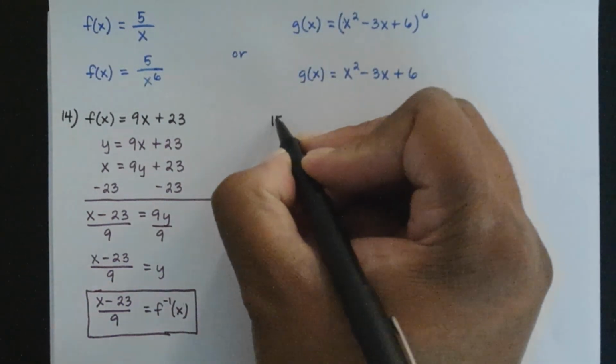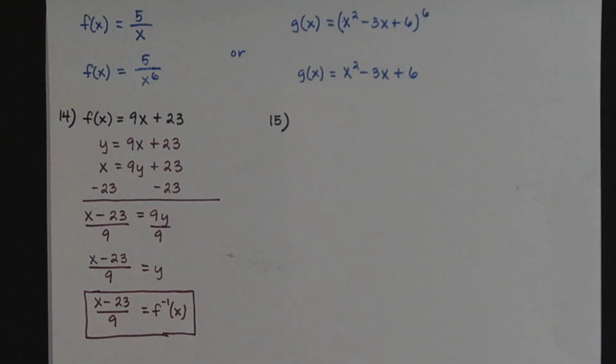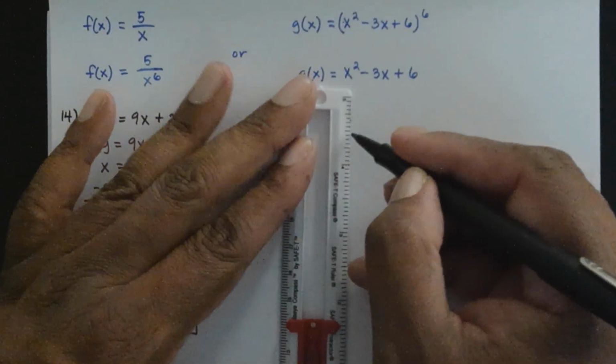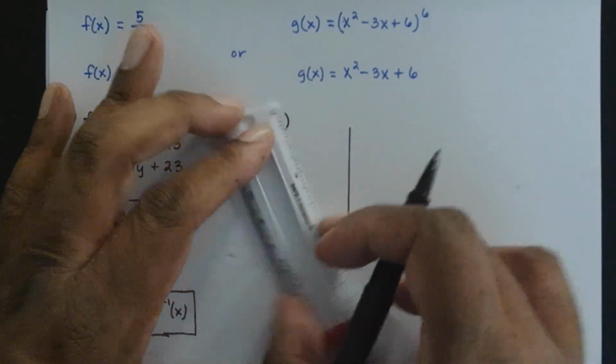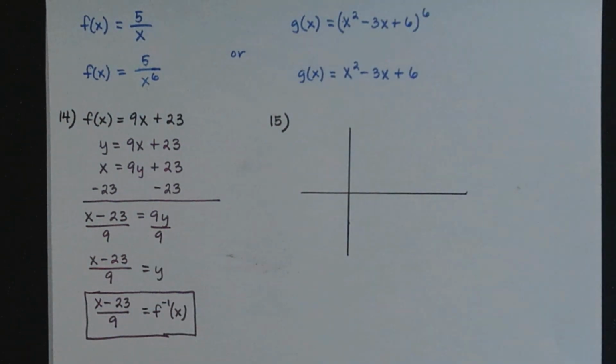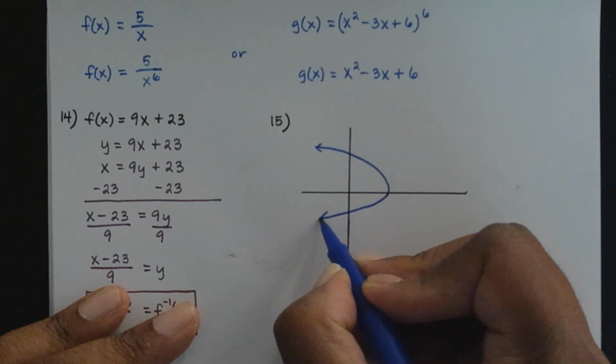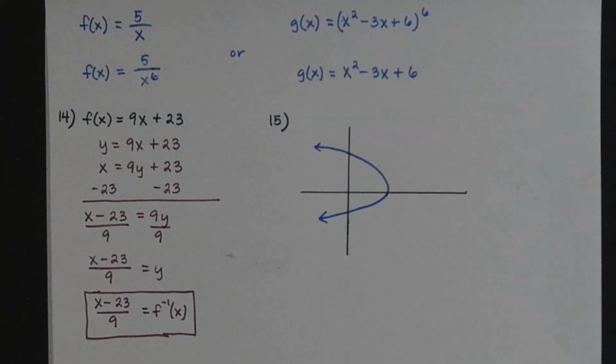And finally, problem number 15 is using the horizontal line test to determine if the graph below has an inverse. So here, if I draw that graph, when we draw a horizontal line test, that horizontal line has to cross the graph at only one place for it to have an inverse function.